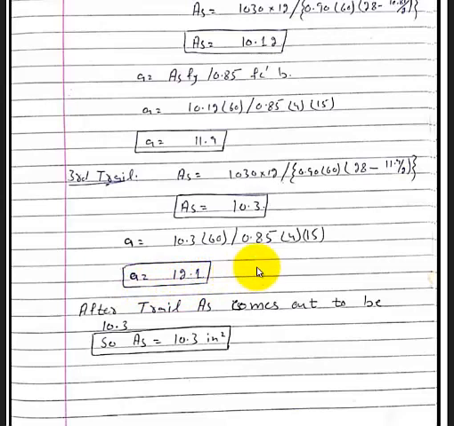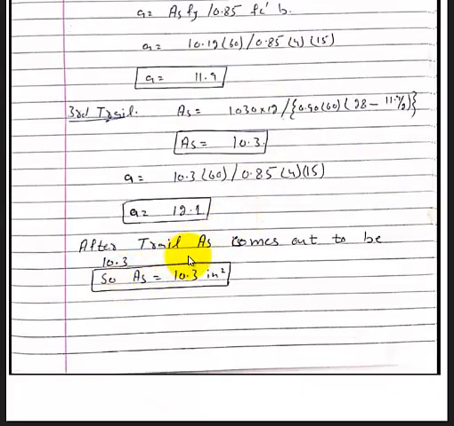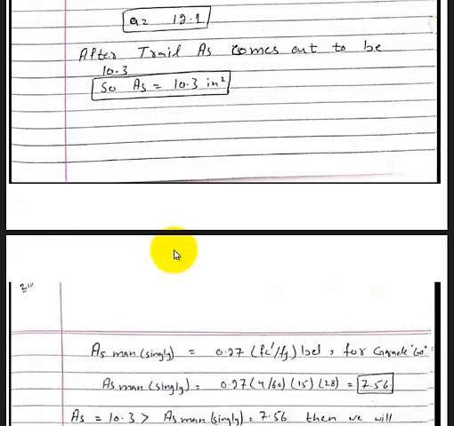Now looking at our values, whether they are coming close or not. Looking at a, it comes close, and also the area of steel comes close, so we select the area from this second and third trial. So after the trials, As comes out to be 10.3.